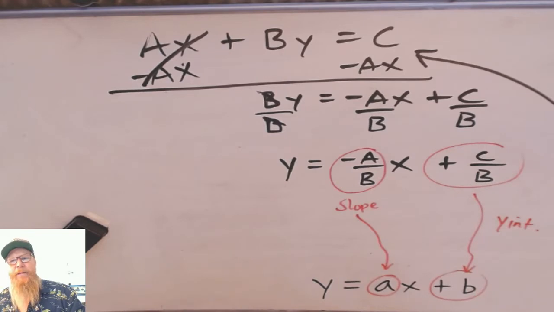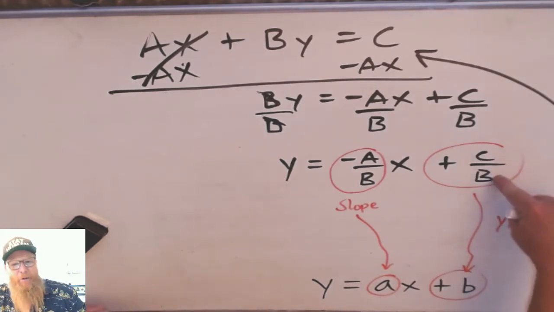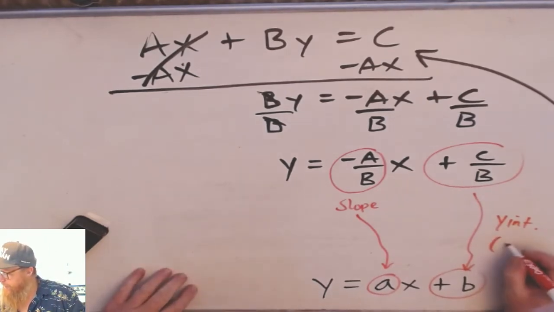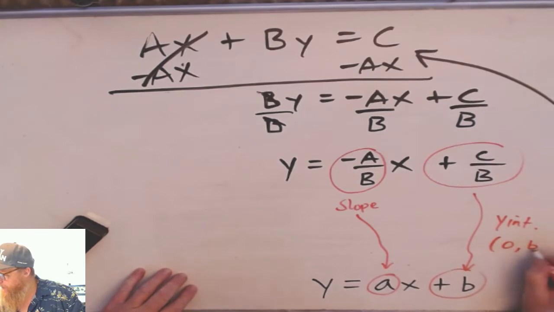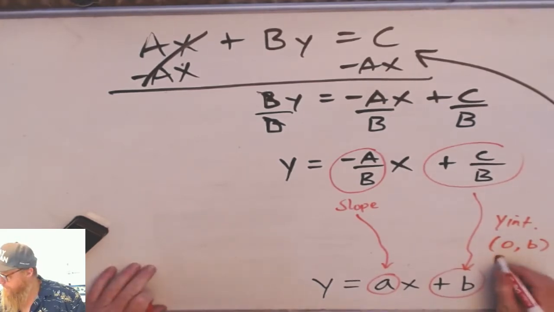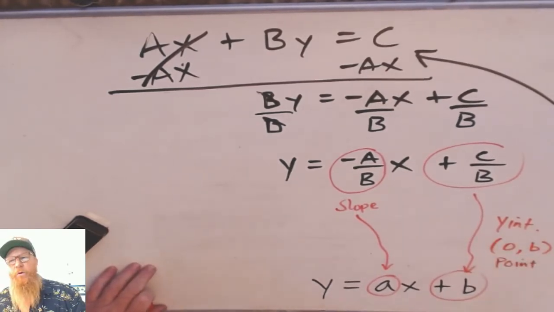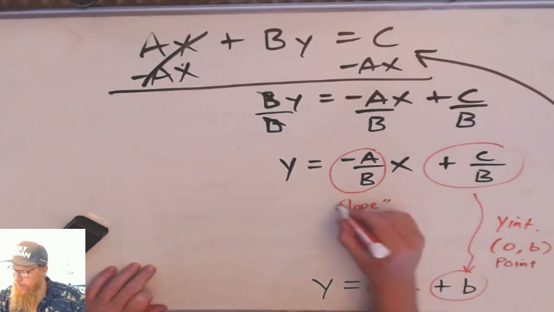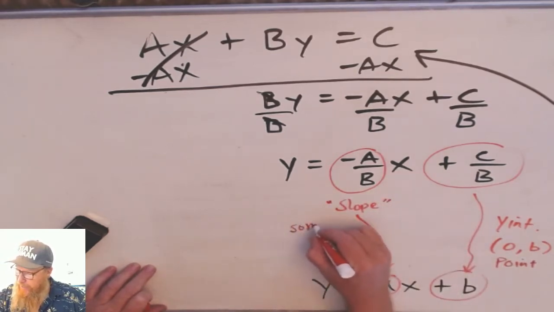That's b. So capital C over capital B comes out to be lowercase b. That's what we call the y-intercept. When you write it as a point, we write it as (0, b), as an ordered pair. And then negative A over B is the slope, sometimes called m.